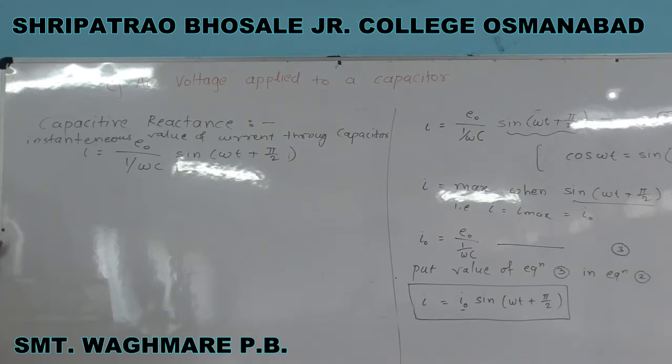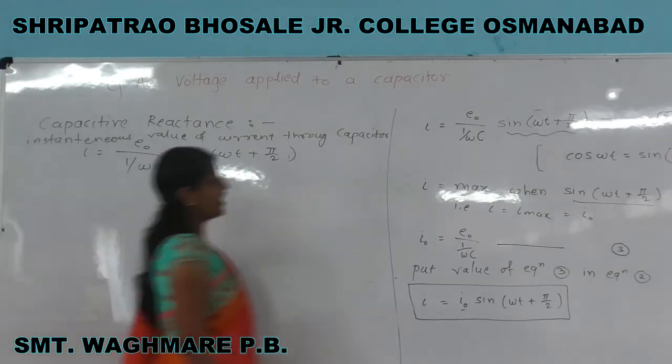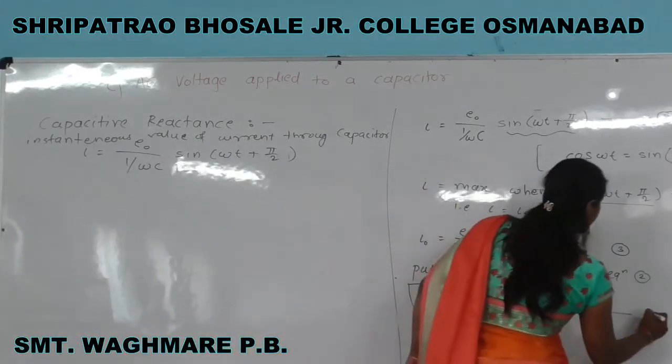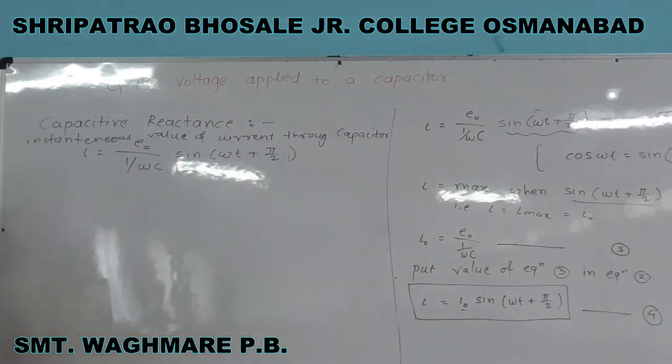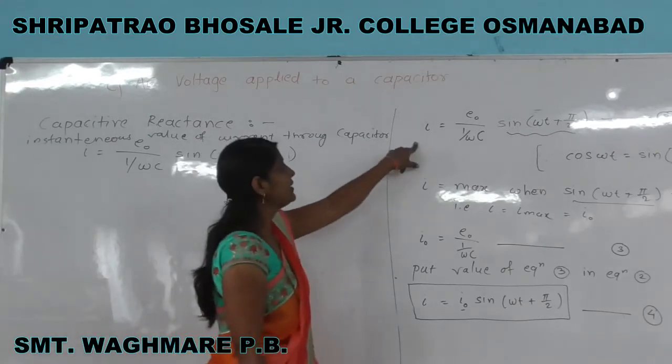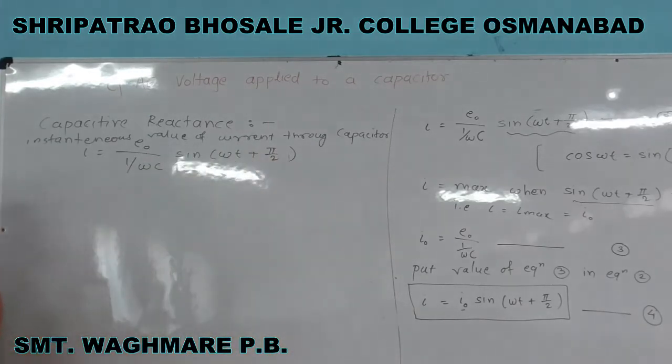And when we compare this equation with equation number 4, that is we can compare equations 2 and 4. This equation 2, I is equal to E naught 1 upon omega c sin omega t plus pi by 2. This is the instantaneous value of current.